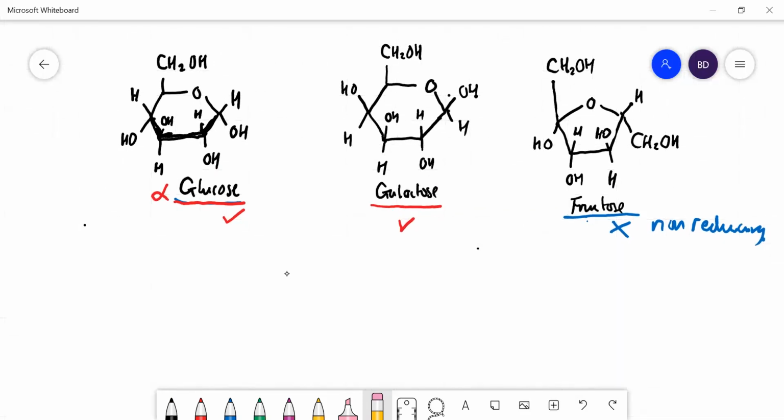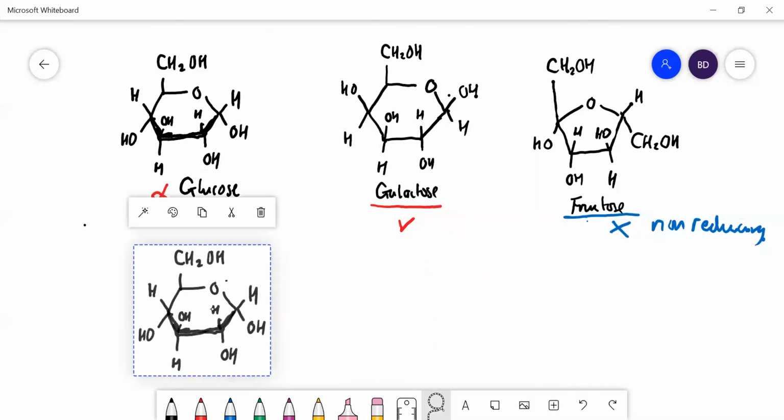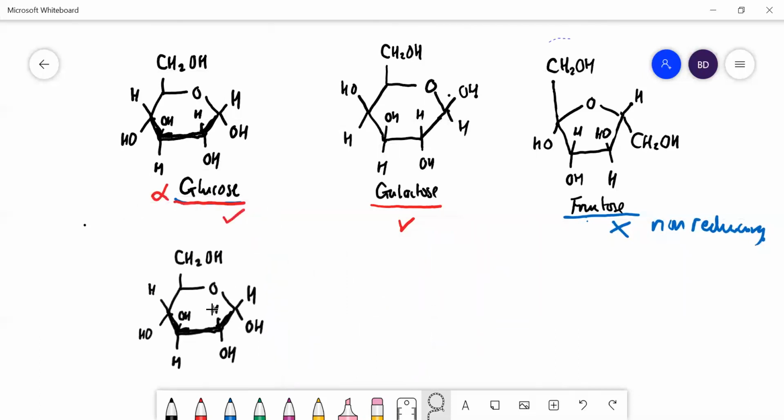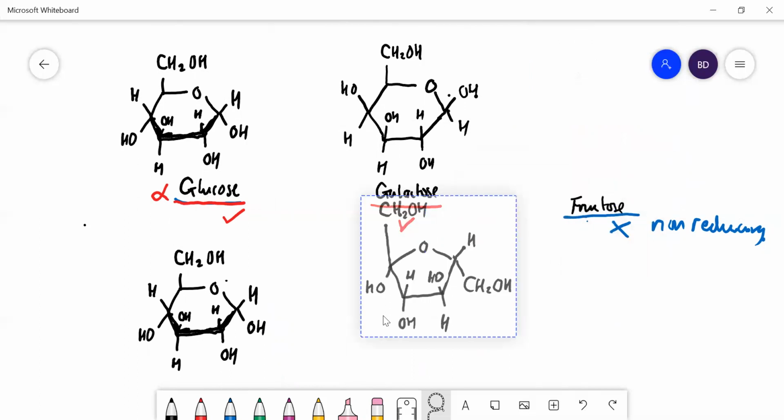So let's draw a disaccharide. Disaccharide means you've got two monosaccharide units together. So we'll get a glucose. Put that down there. And I'm going to get a fructose. And we're going to form a glycosidic linkage between these two.